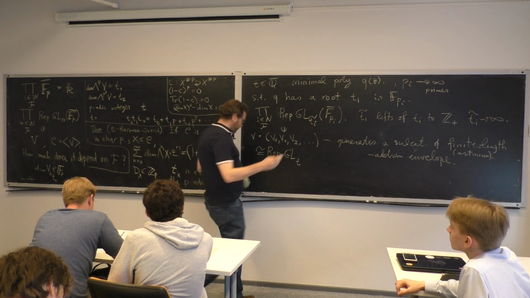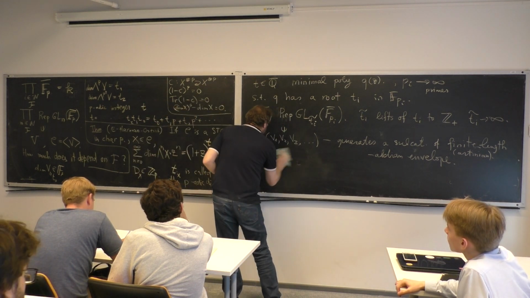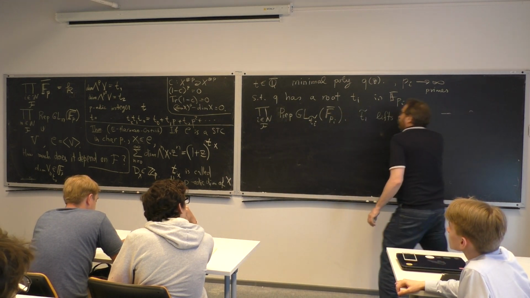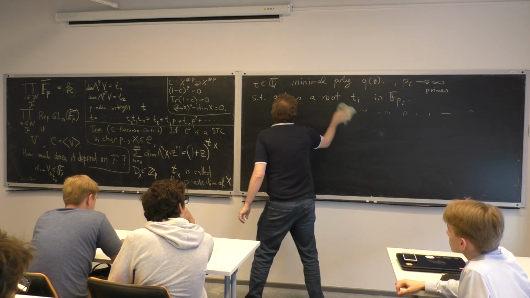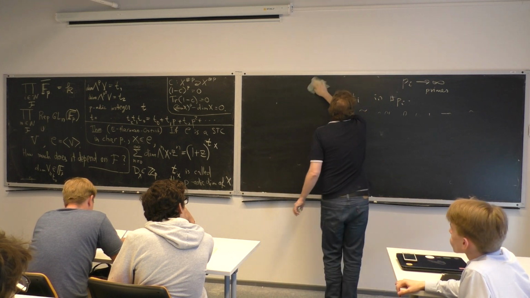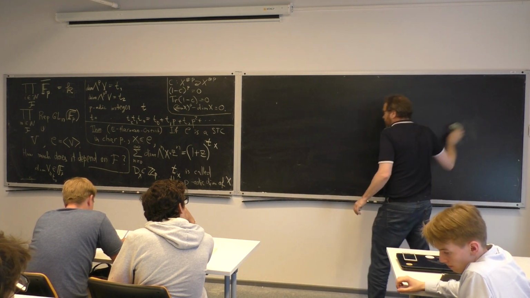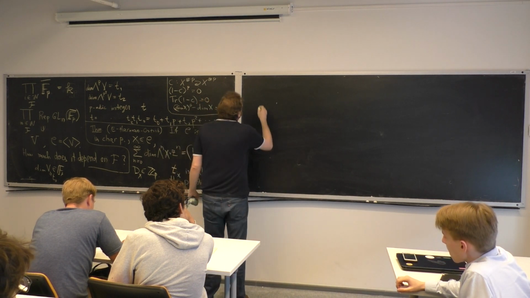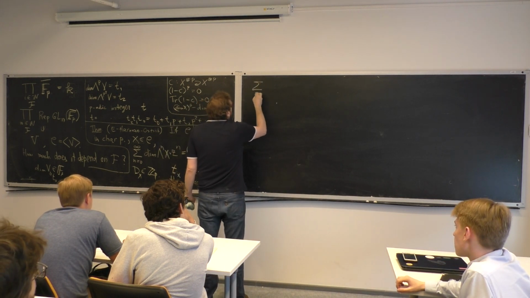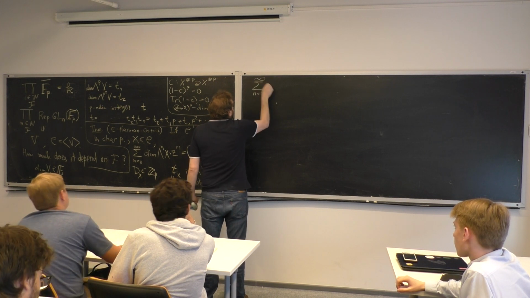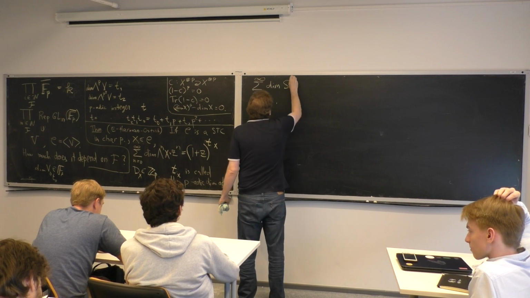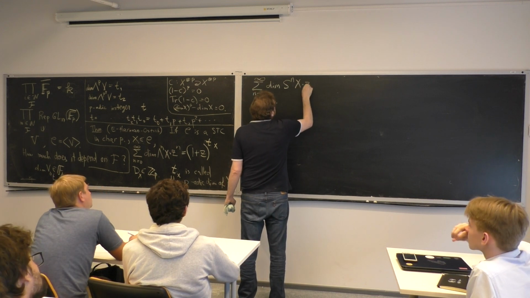But Ezra asked what happens with symmetric powers, and well, you can also do this for symmetric powers. So you can consider the sum over n equals 0 to infinity of the dimension of symmetric powers S^n X times z to the n.